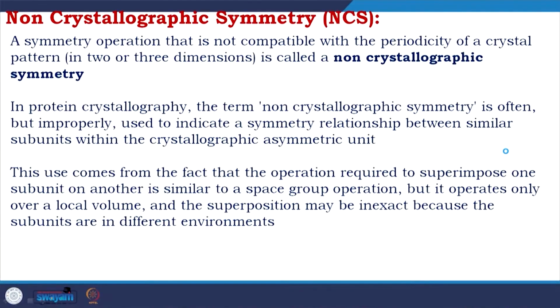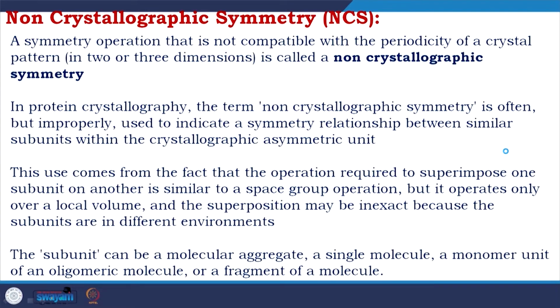This use comes from the fact that the operation required to superimpose one subunit on another is similar to a space group operation, but it operates only over a local volume and the superposition may be inexact because the subunits are in different environments.